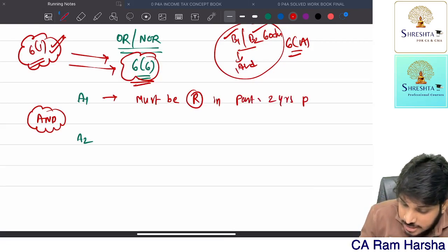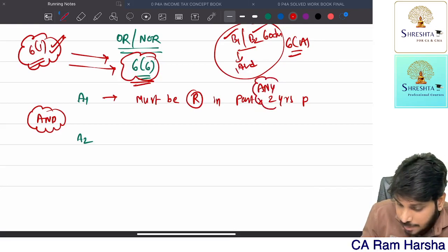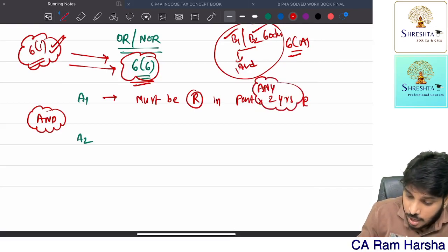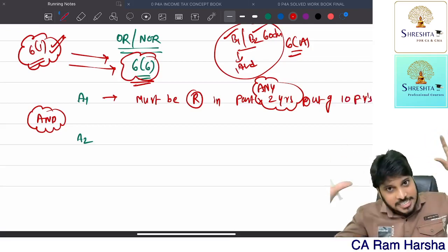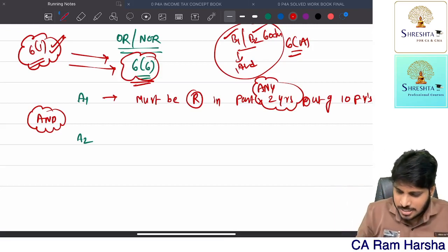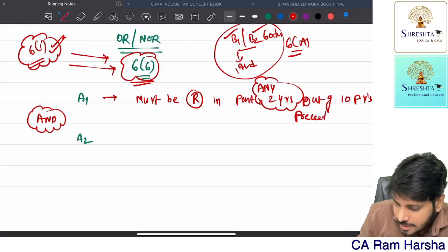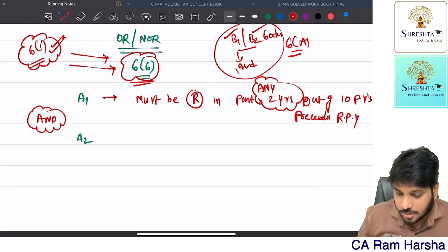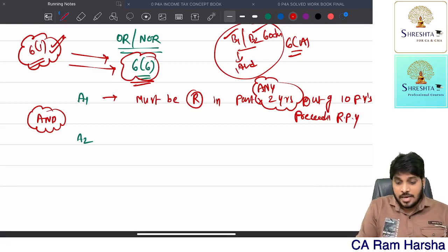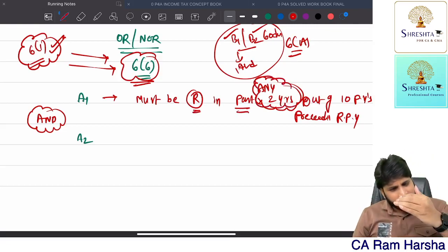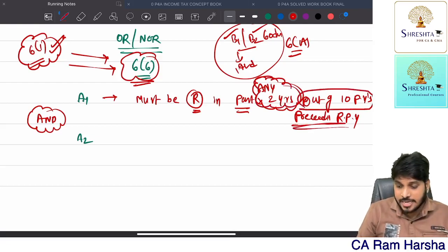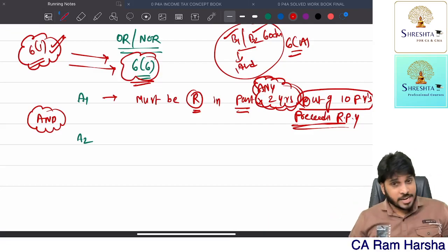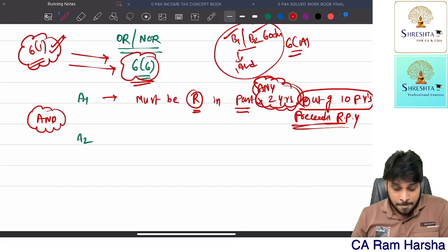By the way, in any 2 years out of the 10 previous years preceding the relevant previous year. So, out of any 10 previous years preceding the relevant year, he must be a resident in any 2 years.